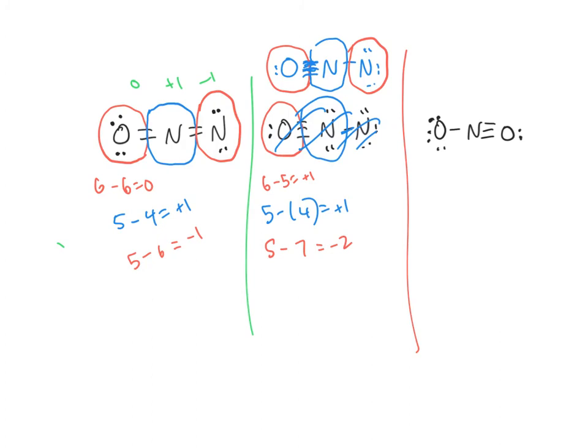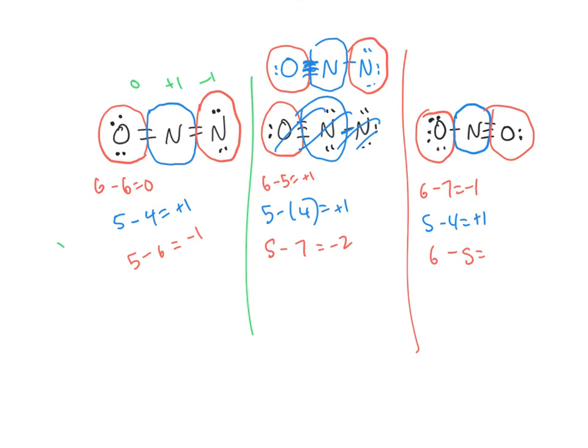Then the one on the left here, so you've got 6 minus 2, 4, 6, 7. 6 minus 7 is negative 1. You've got 5 minus 4 is plus 1. And then you've got 6 minus 3 plus 2 is 5. So that's... I made a mistake here. Oh, I know.